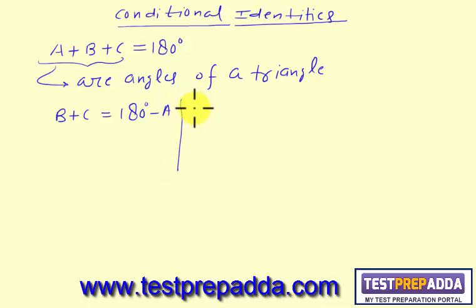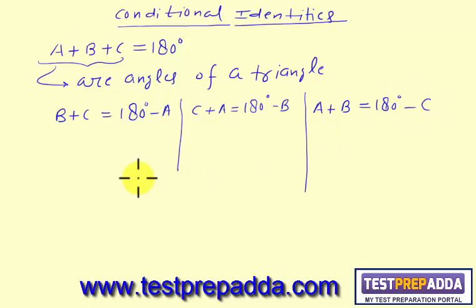Now, C plus A I can write as 180 degree minus B. A plus B I can write as 180 degree minus C. Now take sine on both sides.